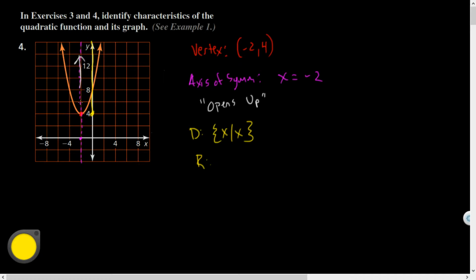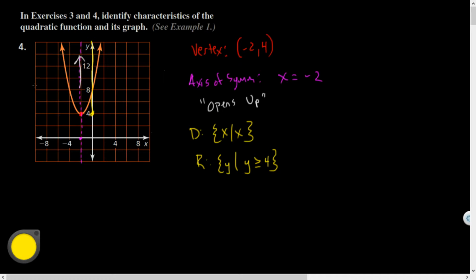It doesn't exist for this space down here. So I'm going to say that's the set of all y such that y is greater than or equal to 4, because it only exists for those values pointing up.